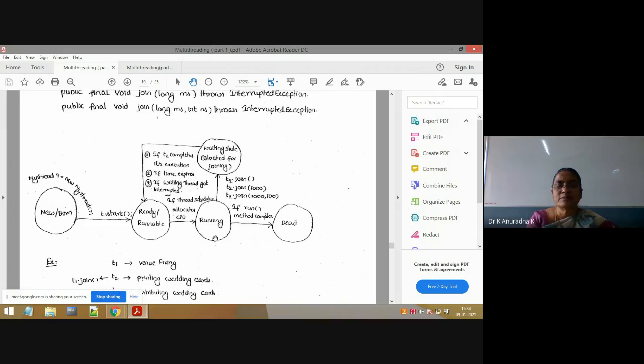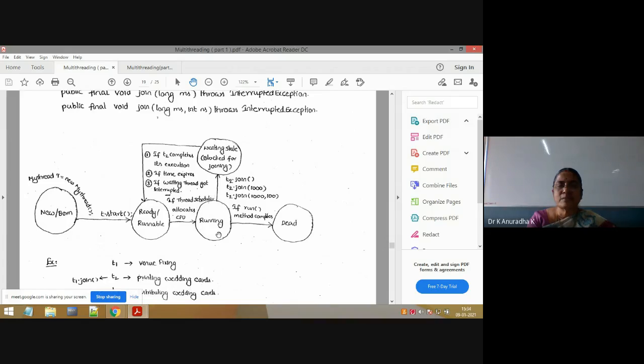The child thread completes its execution first, because it got the CPU and the main thread is in the waiting state. The main thread will go from the waiting state to the ready state once the child thread completes its execution. That's why when the child thread completes its execution, the output is Seta thread 10 times.